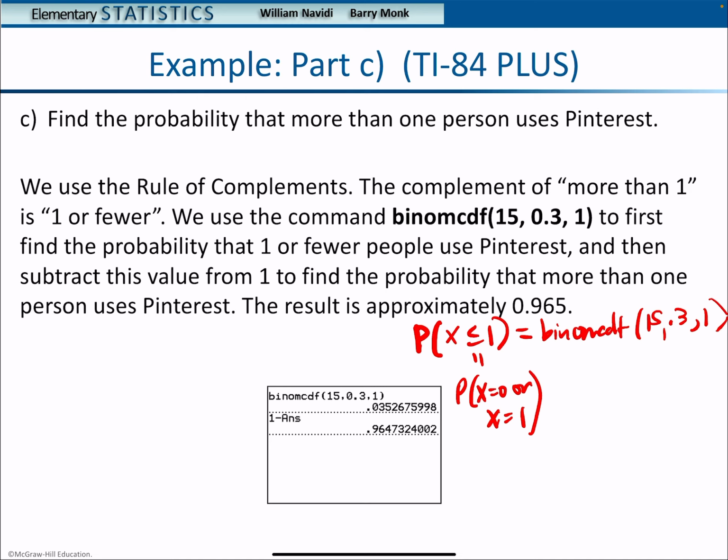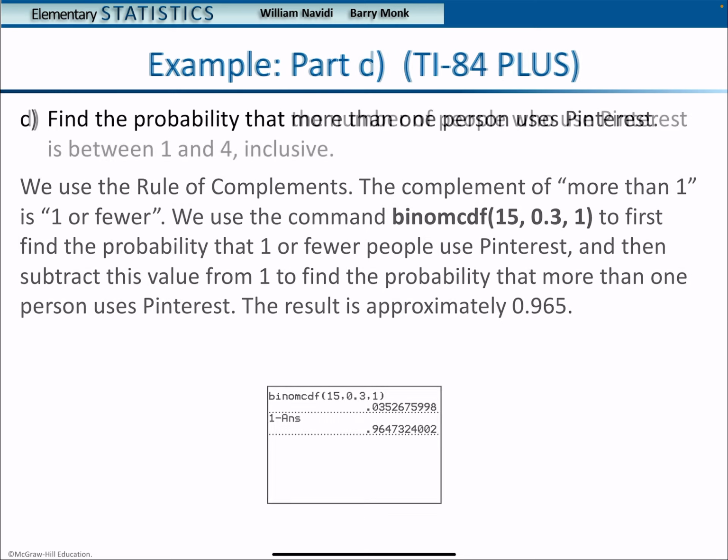So to find more than 1, that's going to be 1 minus the probability of x less than or equal to 1. Okay, so that's where you have here 1 minus answer, or you can just go ahead and type in 1 minus binom CDF and all that. So you get the same answer.